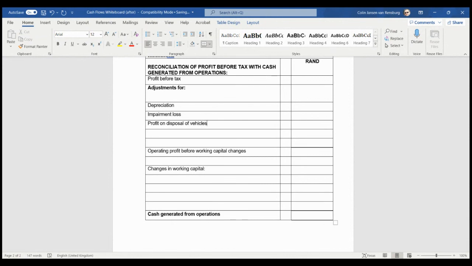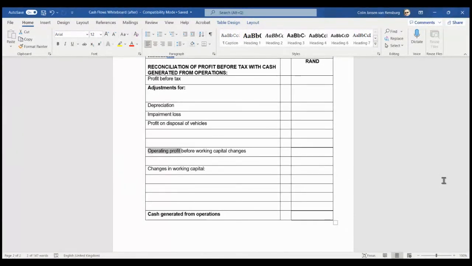But as long as it's an expense or an income item that's included in profit before tax and it does not relate to your operations, that then gives us a subtotal, which we now call our operating profit. Operating profit, because all income and expense items that do not relate to our operations have been eliminated.